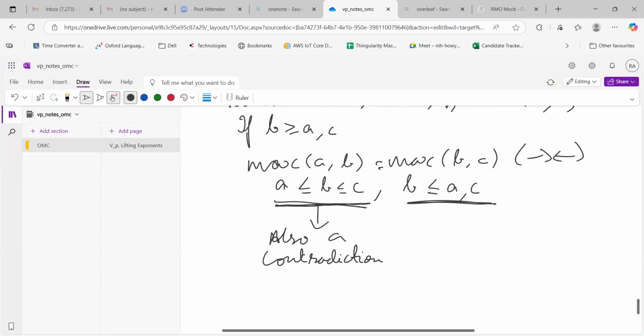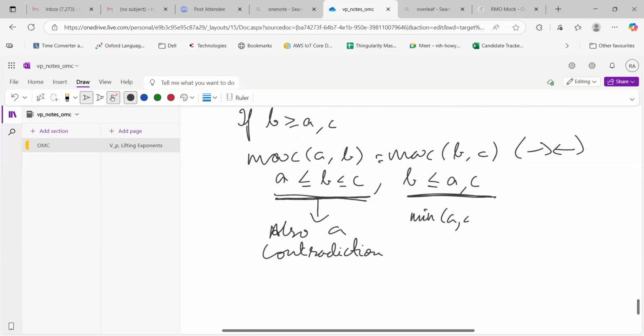What happens then? Equality holds, like that expression becomes the minimum of the two, A and C, minus the maximum of A and C. But why is that a contradiction? Wait, could you repeat that? I didn't quite get it. Then equality holds, right?